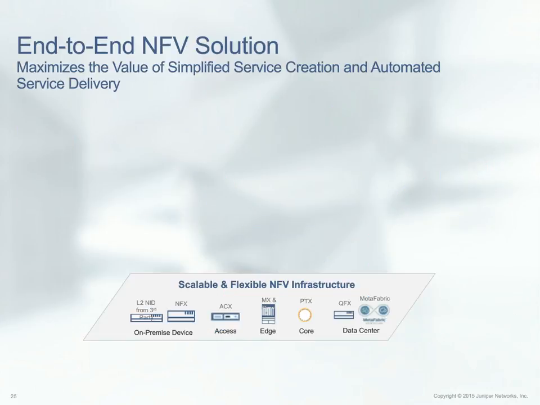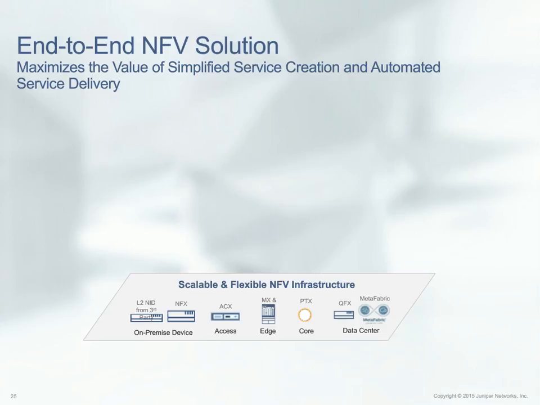So really with that, let's bring this back up to a platform approach. This is what Juniper is looking at in terms of our end-to-end NFV solutions approach. Now, I'll layer this approach in terms of starting out with the NFV infrastructure.